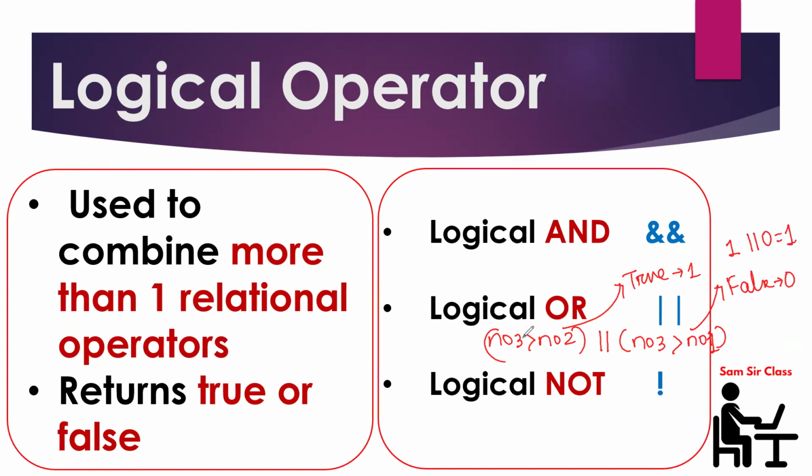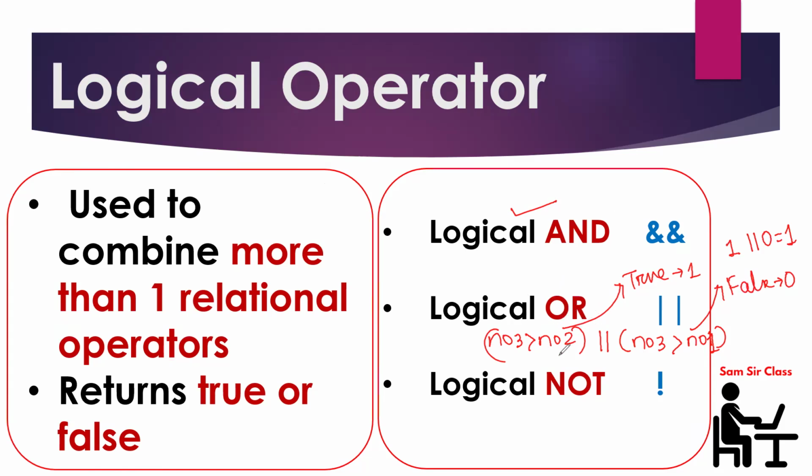That means logical OR will return true if one of the expressions is true. The difference from logical AND is that in AND all must be true for the entire expression to be true, but in logical OR only one expression needs to be true, then the entire expression will be true.